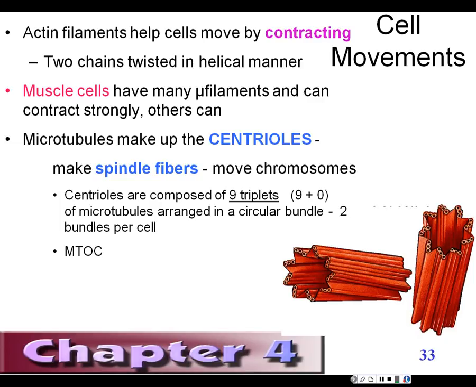You're going to see this word, and that may be an E in there. I can't remember. It's been a long time. Can't spell. Okay, so you're going to see that word centrosome. Know that means MTOC.